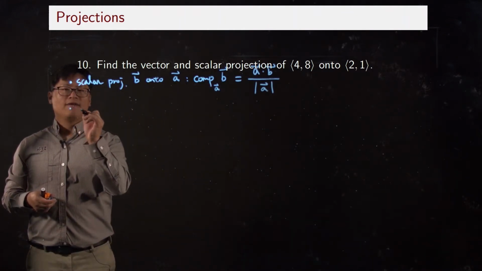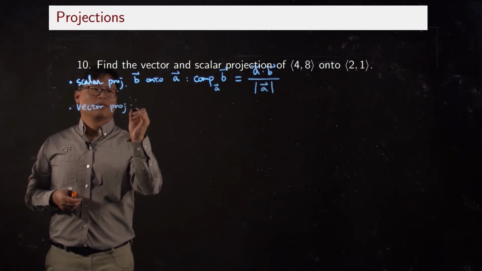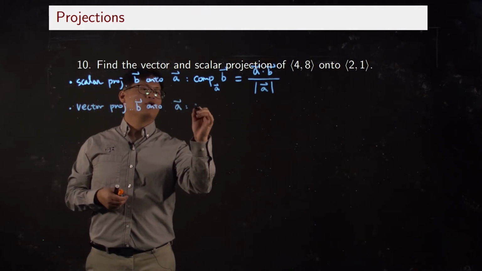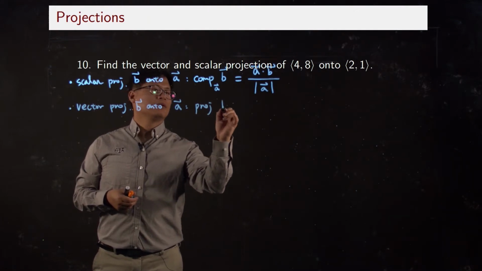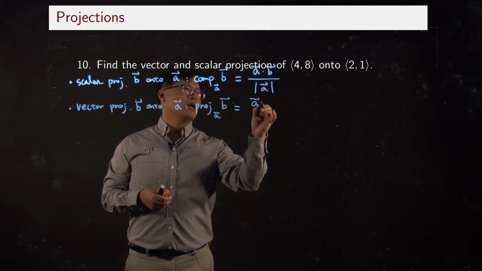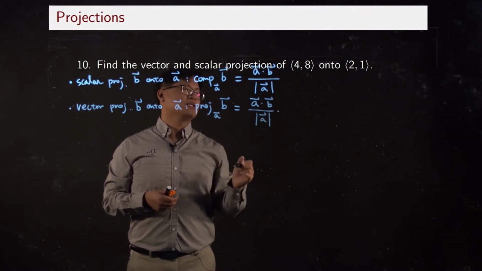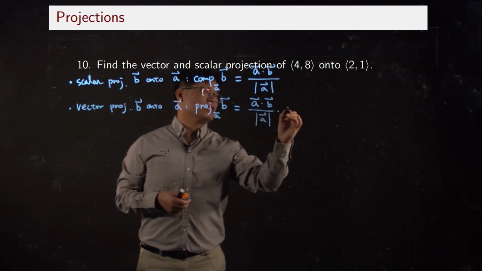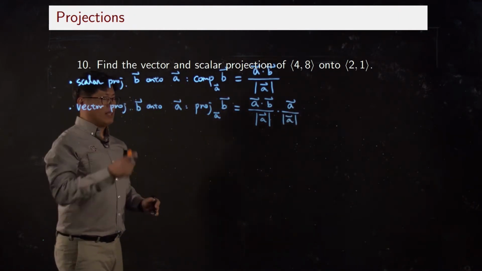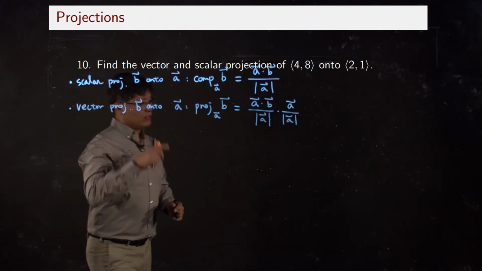And vector projection, same thing, B onto A. We notate it by proj_A B, which is the same thing: the dot product over the length of A, times the unit vector of your base vector, which is A over the length of A. When you look at your textbook or your professor's lecture notes, you are not going to have this form, but you are going to have this form instead.